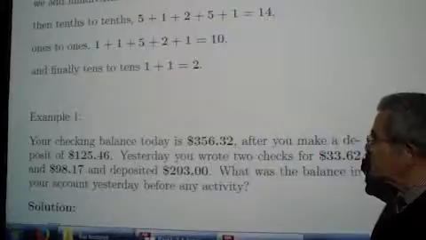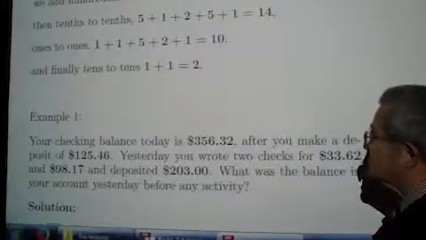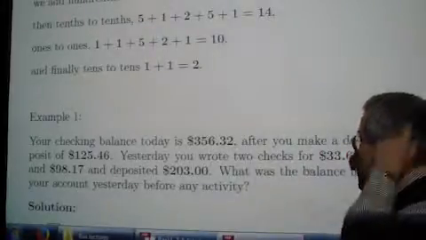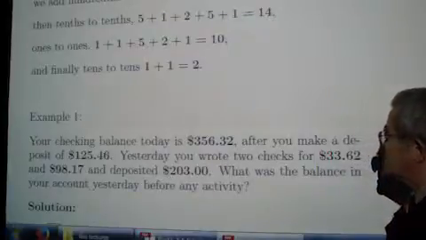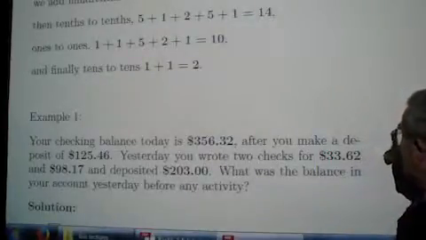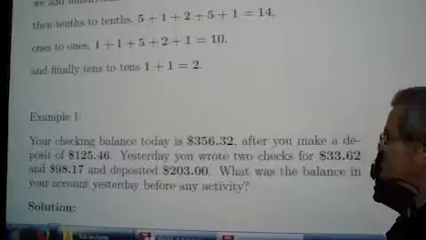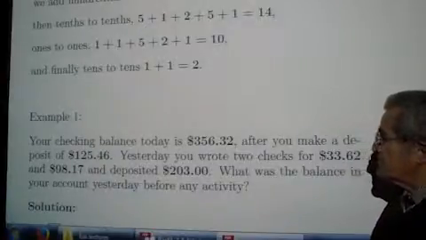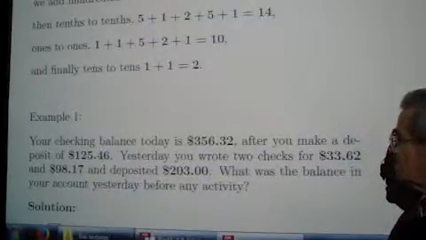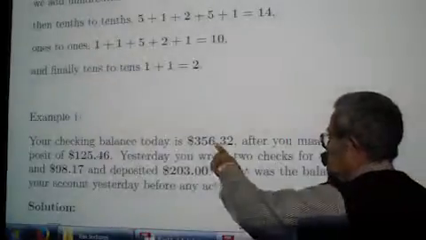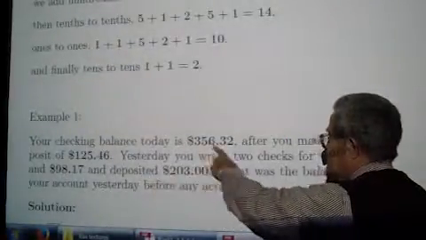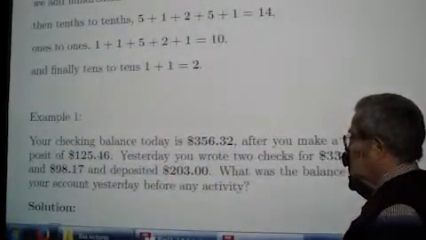Oh, we have another problem, a practical problem. Your checking balance today is $356.32 after you make a deposit of $125.46. So your balance was less than that before, because after you add this, you have this number in your account.